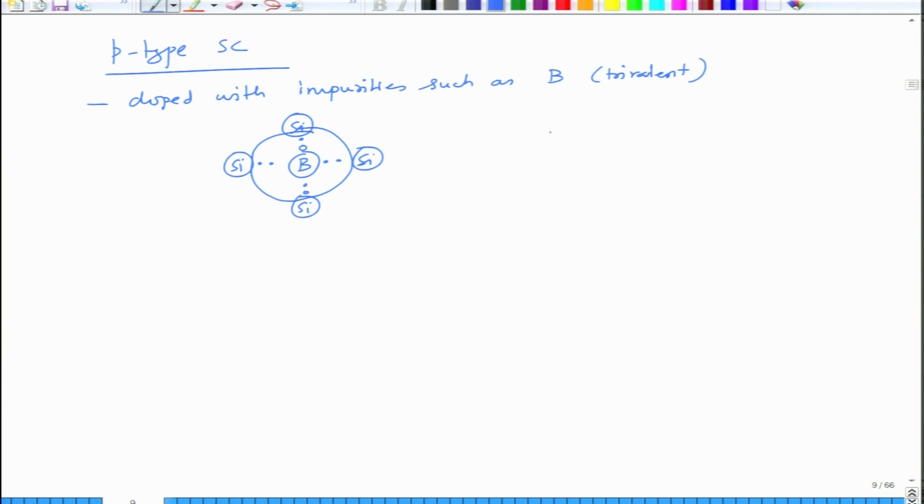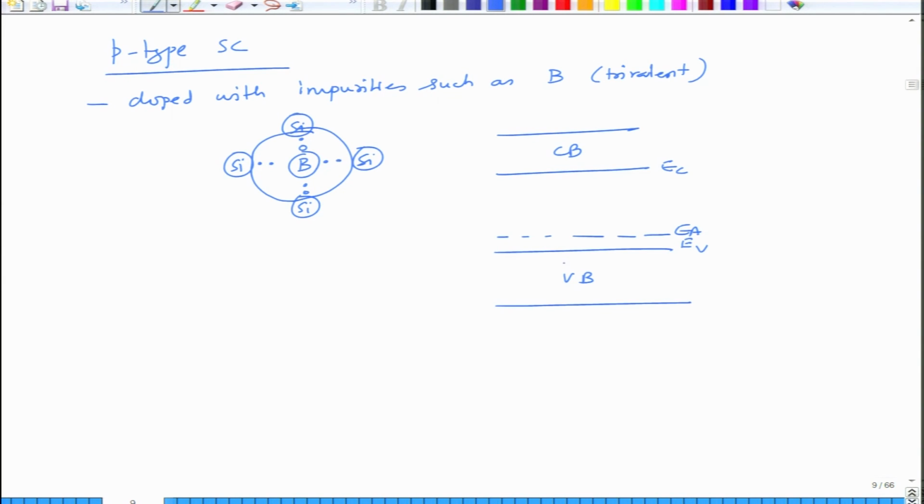In the band diagram perspective, this is the conduction band, this is the valence band, this is EC, this is EV. The p doping will create an energy level EA, the acceptor energy level, which will take an electron from somewhere here to fulfill its configuration for the bonding, leaving a hole in the lattice somewhere else.